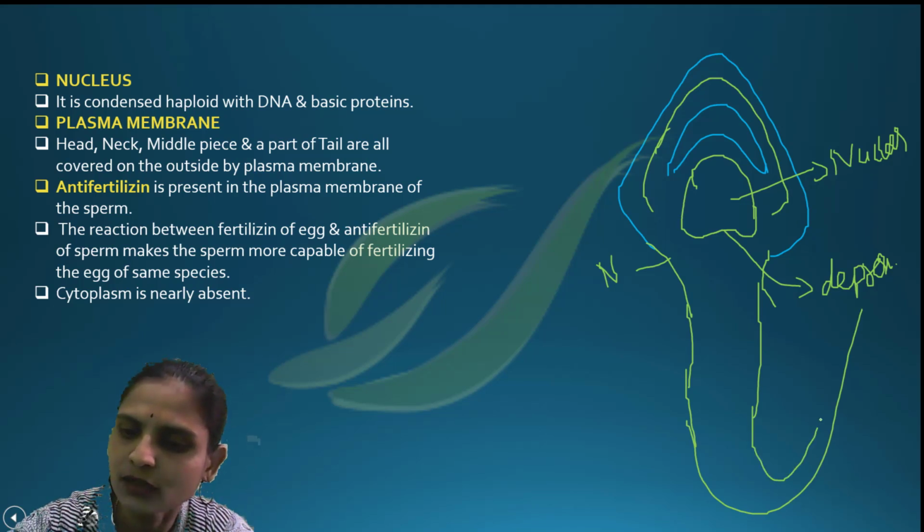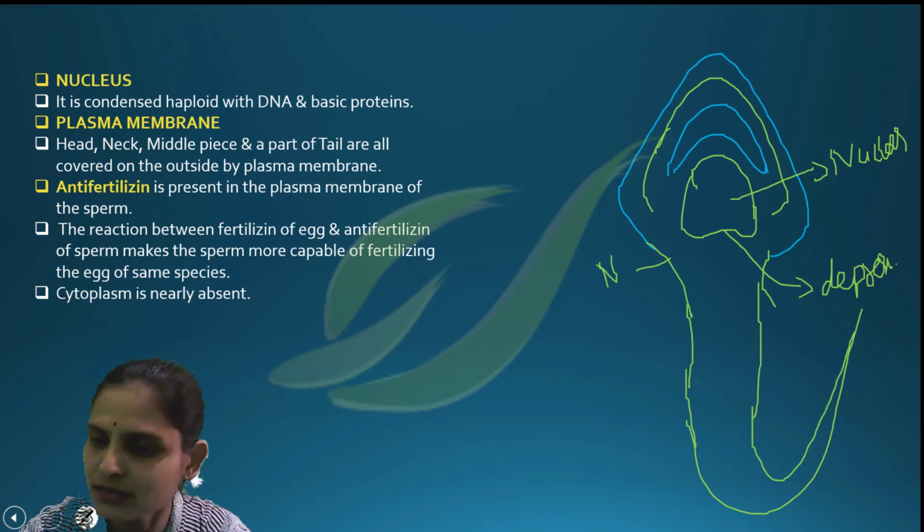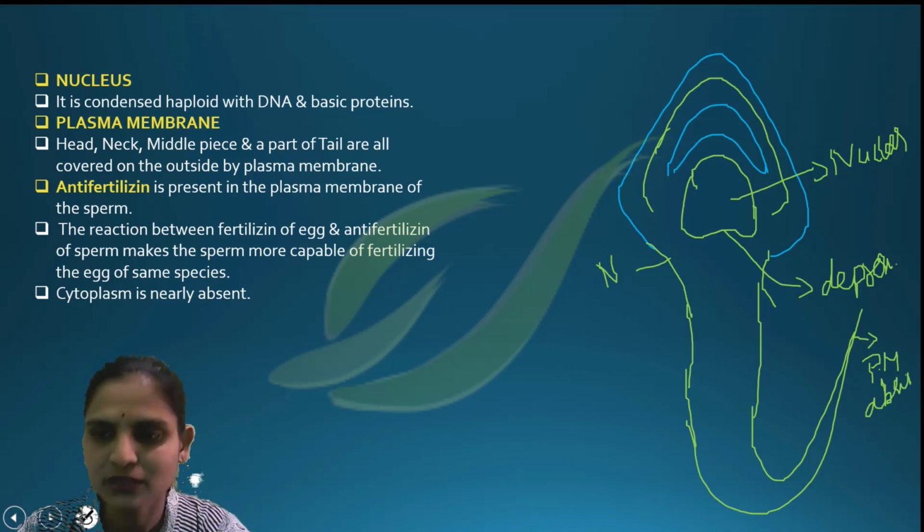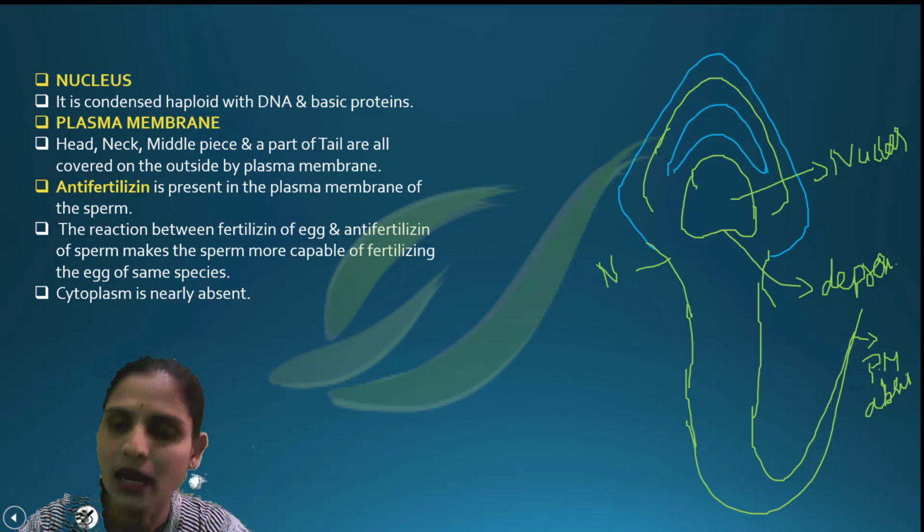At the end region of the tail, the plasma membrane will be absent. So it is present in the head region, neck region, middle piece and tail. Half of the tail is covered with the plasma membrane, and the last part of the tail is not covered by it.